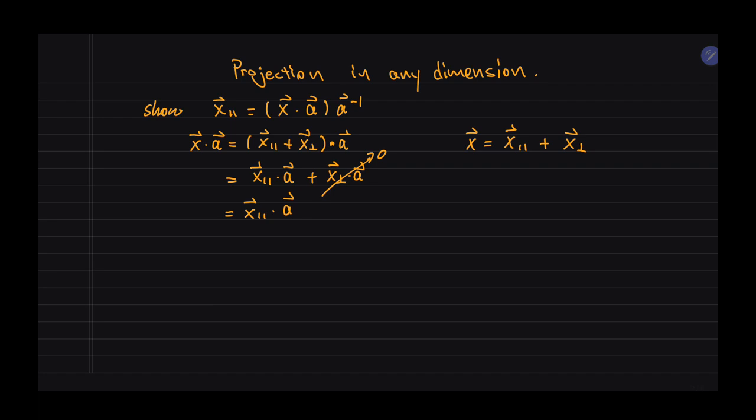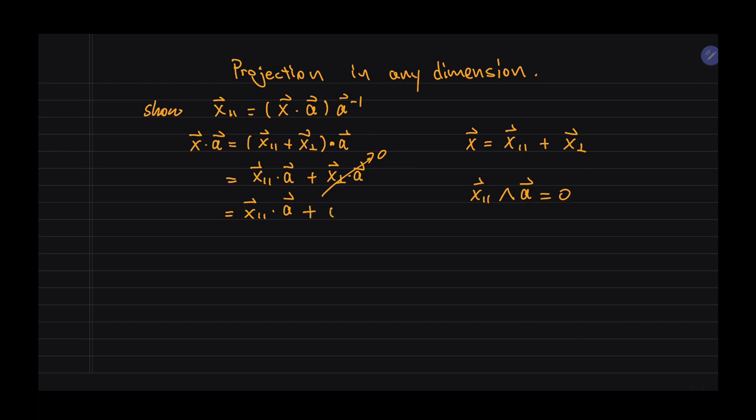But one important point to know is that x parallel wedge a is equal to 0, because since they are parallel to each other, the wedge product will always give you 0.